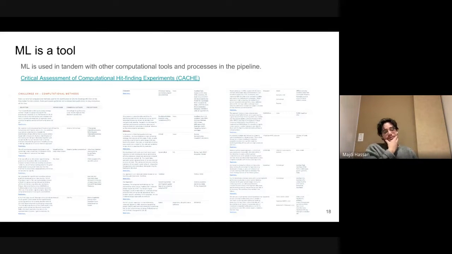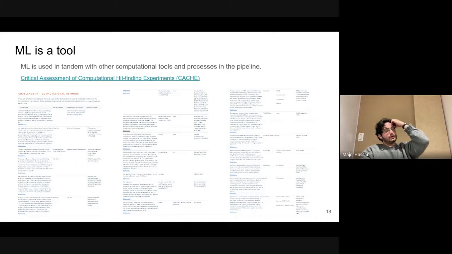And here I'll point to an example. This is the CASH challenge, the Critical Assessment of Computational Hit-finding Experiments. And recently there was a challenge. In this challenge, they have a list of all the types of tools that people use for each of their hit finding experiments.